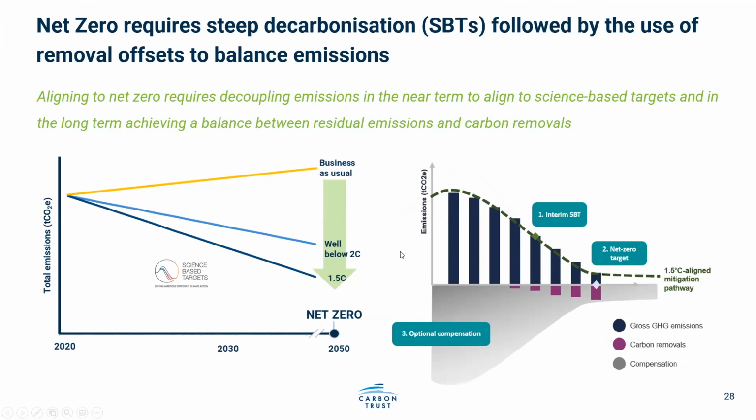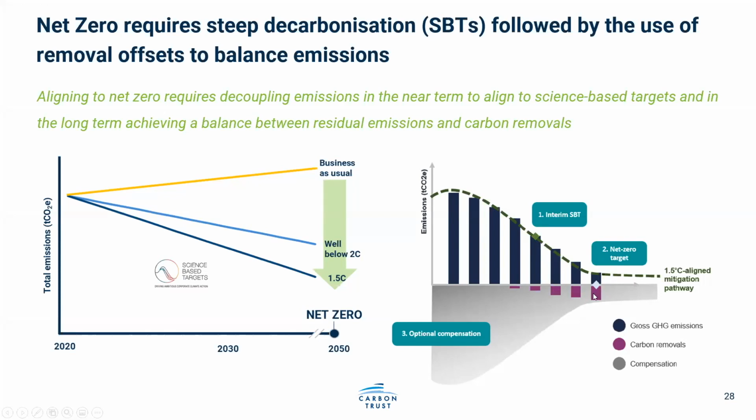And then they're taking that ultimate goal, which is looking at the long-term goal to balance residual emissions with removals. And that's essentially what we mean by net zero. Net zero is that balance between reducing as far as you can along the trajectory of a science-based target, so reducing, and then when you get to the point where actually, some of the agricultural emissions or emissions just cannot be reduced any further from a technical perspective, then it's shifting to look at buying removal offsets.